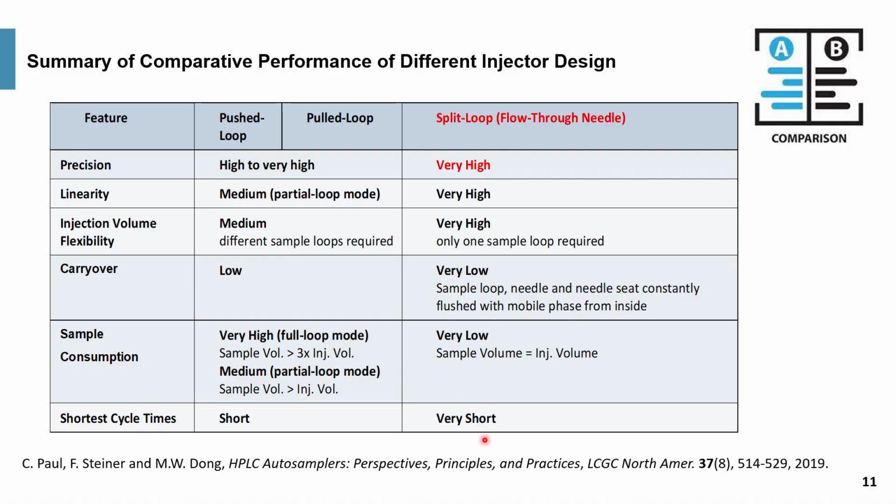Now, as you can see, clearly the split loop flow-through needle design has the greatest performance, right? You can see everything is better. And that explains why in today's world almost all modern samplers are using a split design or flow-through needle design. And once again, this table came from the white paper by Carlson Paul, Frank Steiner, and myself in 2019.